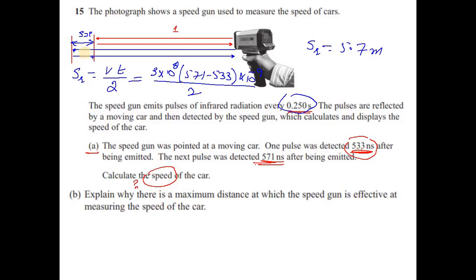So this is the extra distance traveled by the radiation, which is the distance traveled by the car during this pulse and echo procedure. And these two waves are sent in this 0.25 second interval. So this is the time interval, and we can figure out the speed of the car. Speed VC, speed of the car, is distance divided by the time, 0.25, and then 22.8 meter per second. This is the speed of the car.